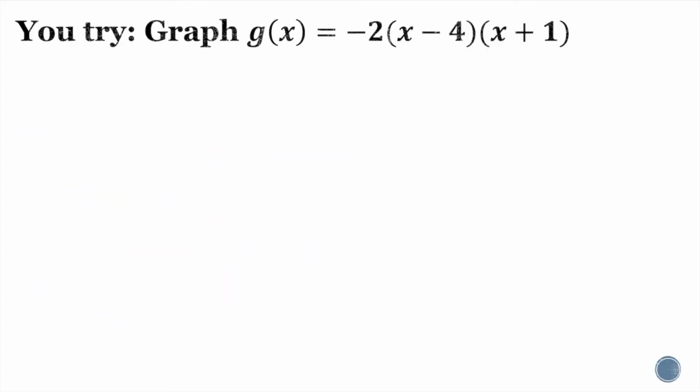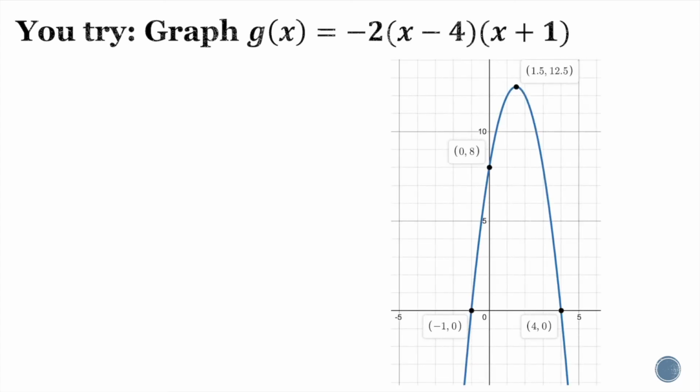Now I'd like you to try. Take the time to follow the steps and graph this equation. Great. So what you should have gotten is something very similar to this. The intercepts are -1 and 4.